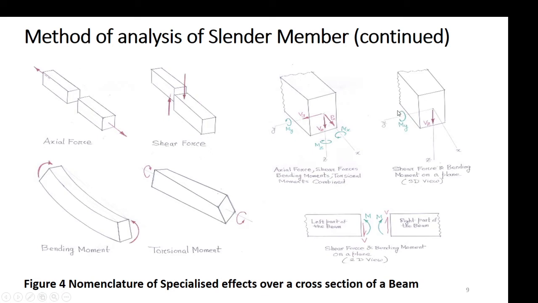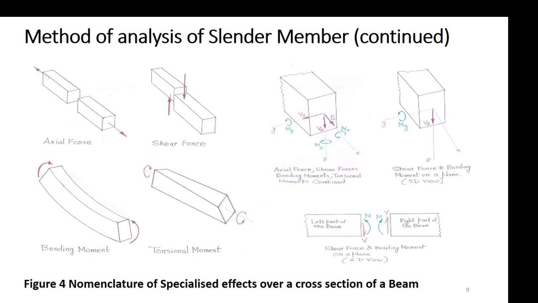This My, which will be acting over the cross section, and Vz, which will also be acting over the cross section parallel to it, will be able to equilibrate the beam in 2 dimensions if the loading is 2 dimensional, along with the reactive forces and moments.